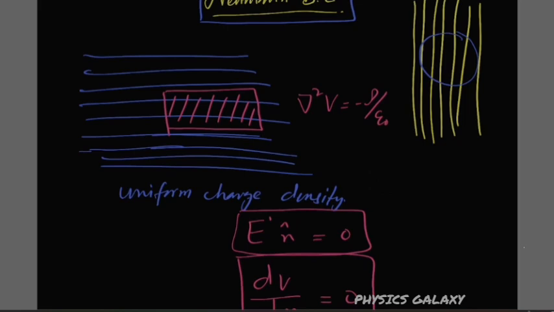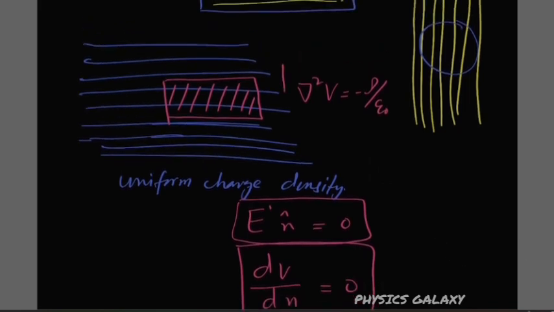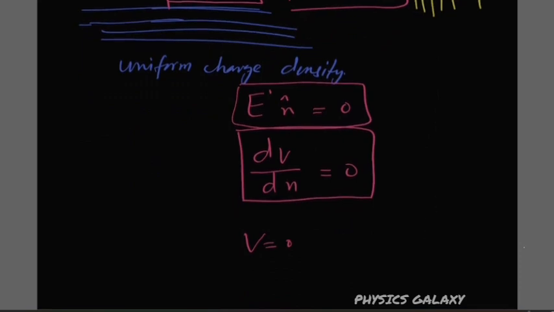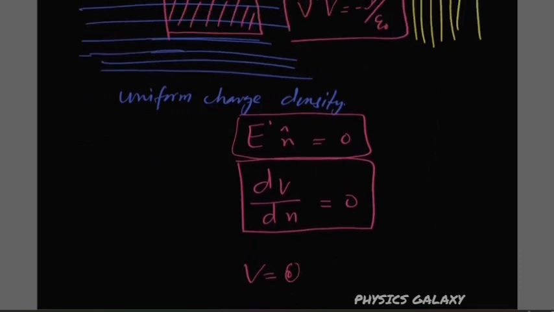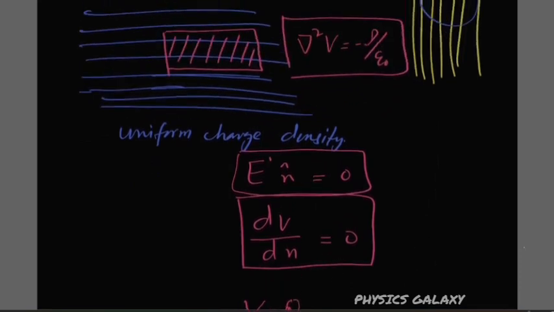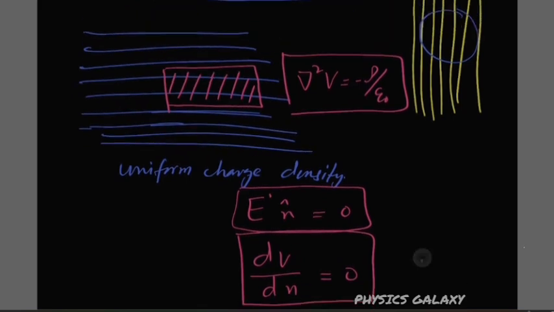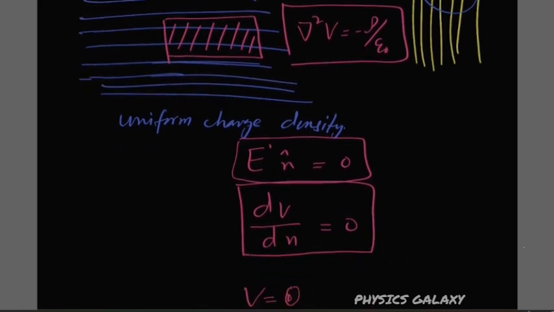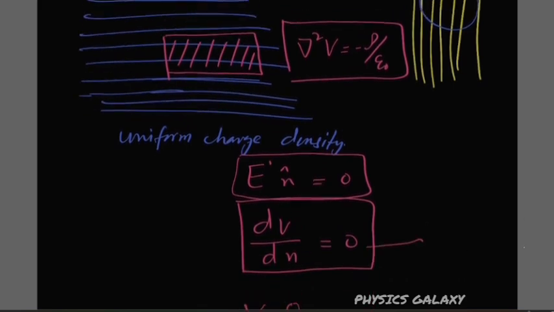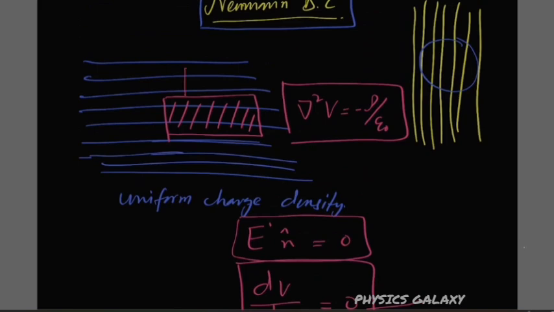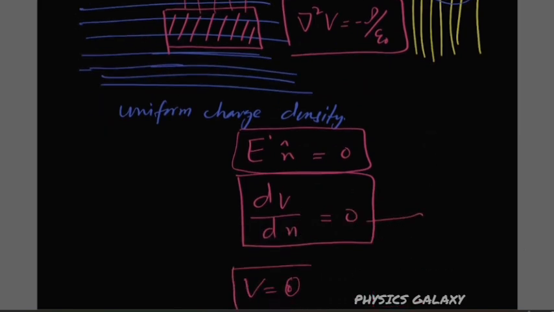But without solving this equation, I can use the boundary condition simply, and my guess is V equals 0. Then it satisfies the boundary condition, because dV by dn will also be 0 and there will be no flux going outwards, because the electric field is 0. So this is the solution.